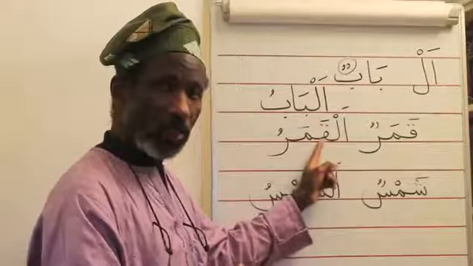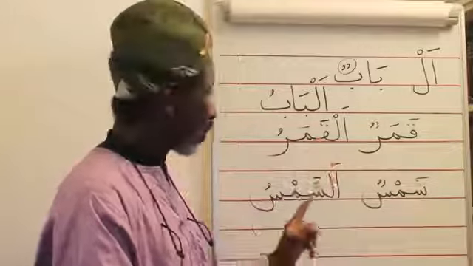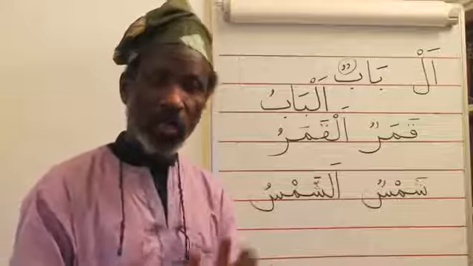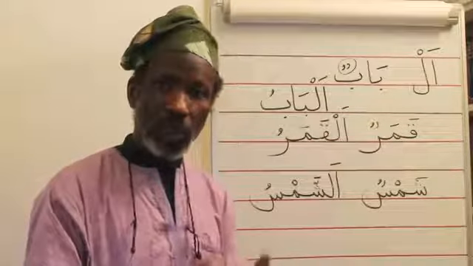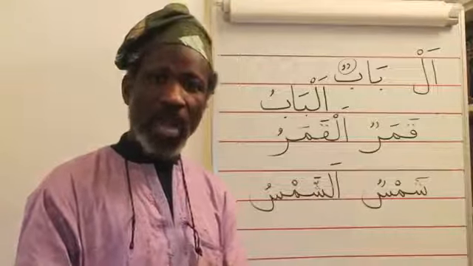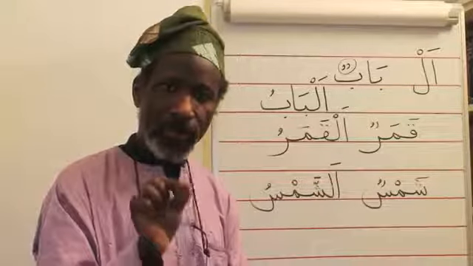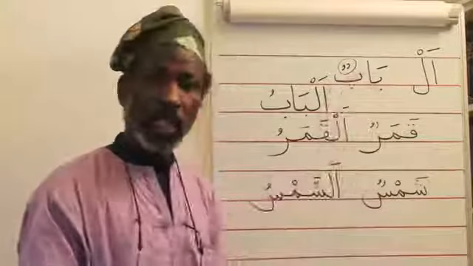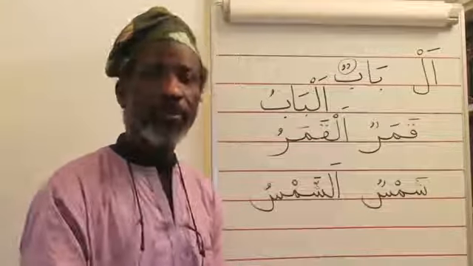Moon letters, one of them is qa. Sun letter, one of them is shin. So we have 14 moon letters and 14 sun letters. When any of the sun letters is placed after the, it will carry shadda.